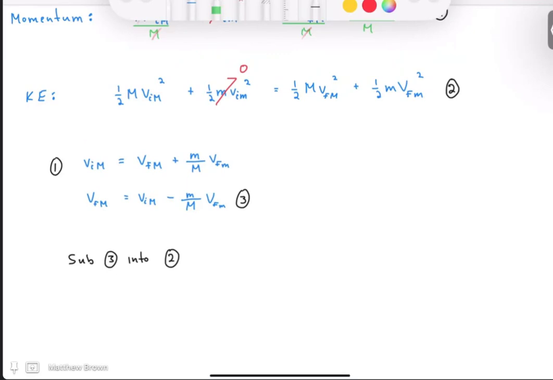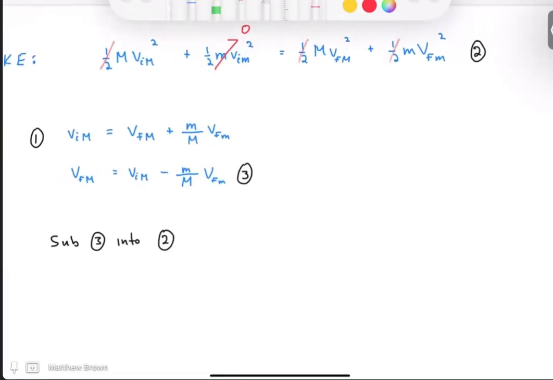I might do a little bit of work on this one too, just before I bring it down. Again, this whole one term canceled there, but for the 3 terms I've got left, I've got a half everywhere. So that would be reasonably good there. So if I look at the first term in equation 2, it's big M on the left side, V initial of big M squared, and that all equals big M V final of big M squared, this term here, but that's what I just solved for with equation 3.